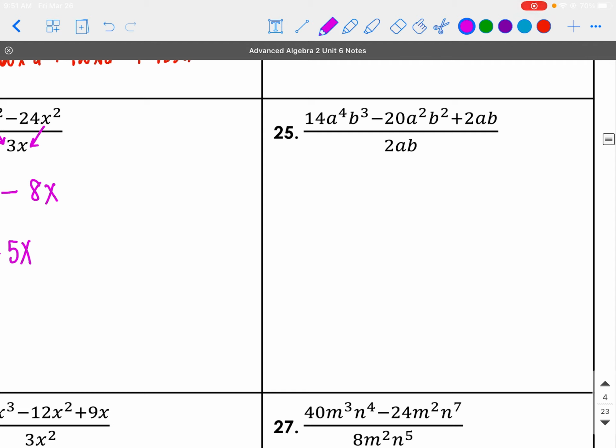So number 25, we got 3 things that we're each dividing by 2ab. So the first one, 14 divided by 2 is 7.